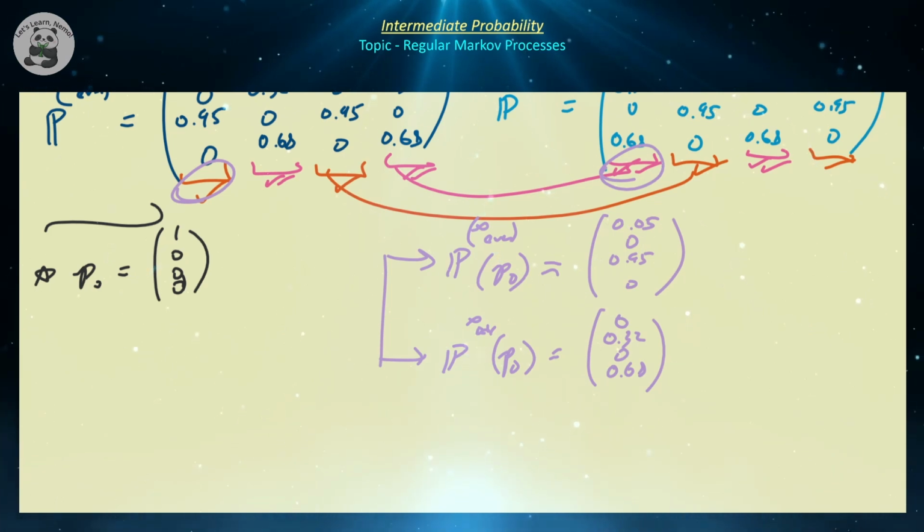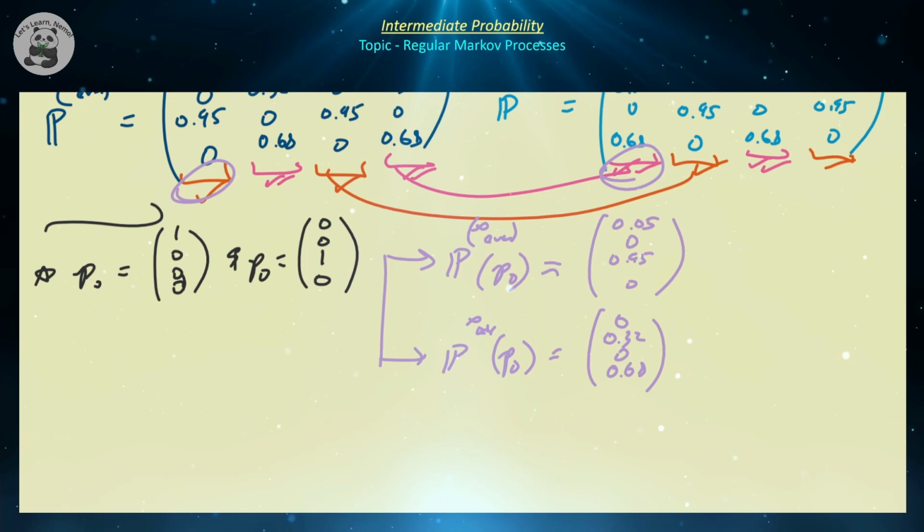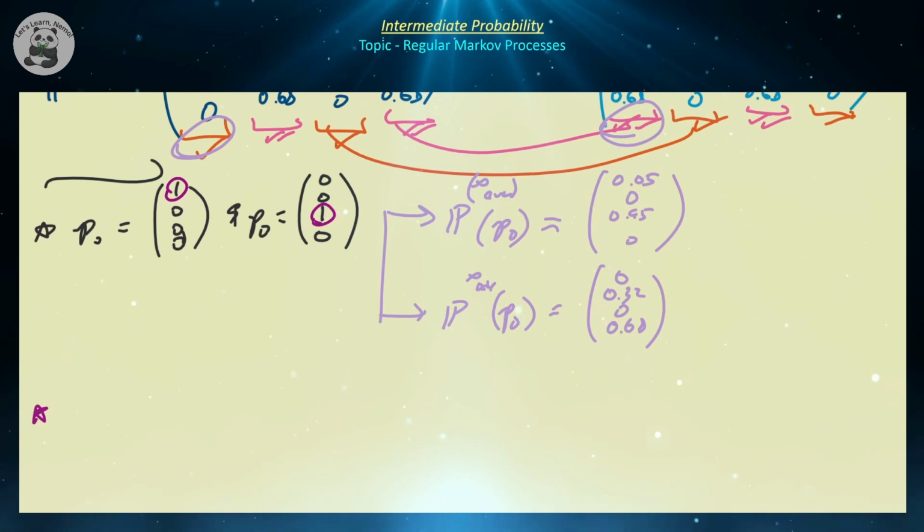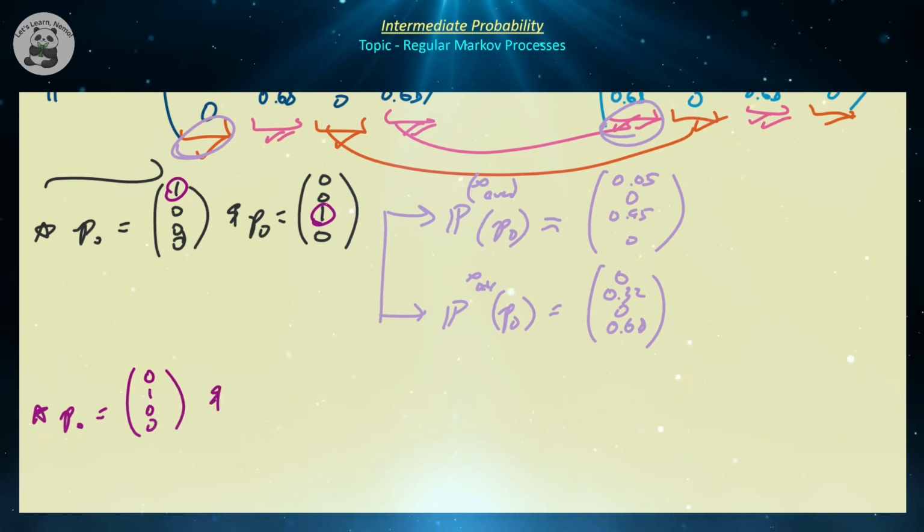And what's even more interesting is that you'll actually get the same exact answer if your initial condition is 0, 0, 1, 0. So it's the first state and the third state. I want you to think about this because this is very beautiful to me. Let's assume that you have P0 equal to 0, 1, 0, 0. And also, take a guess, what's going to match for this behavior? 0, 0, 0, 1.